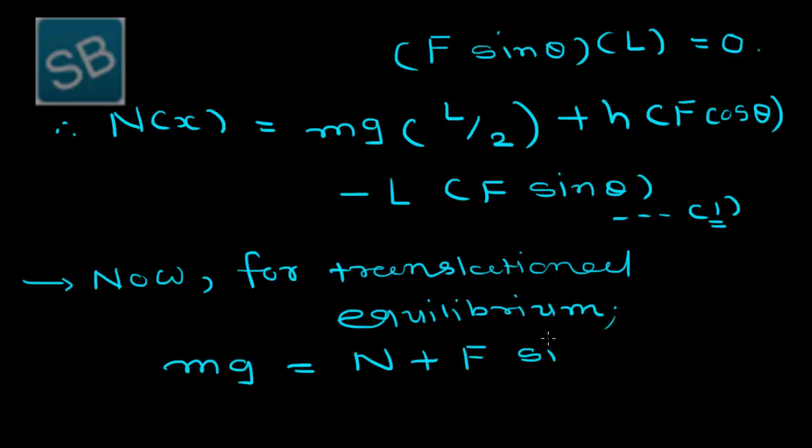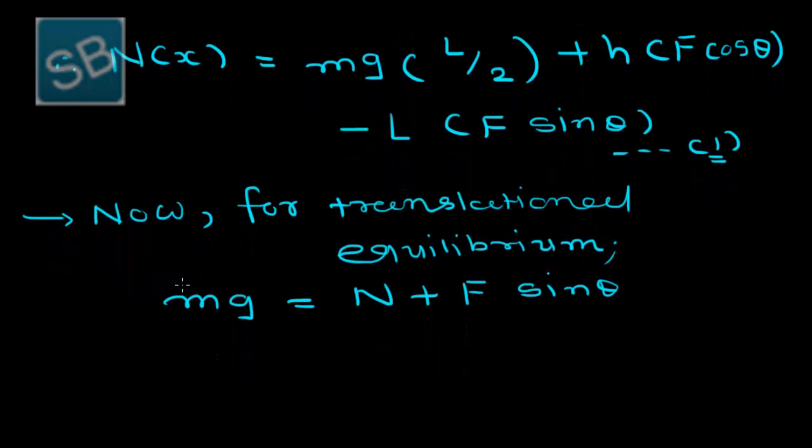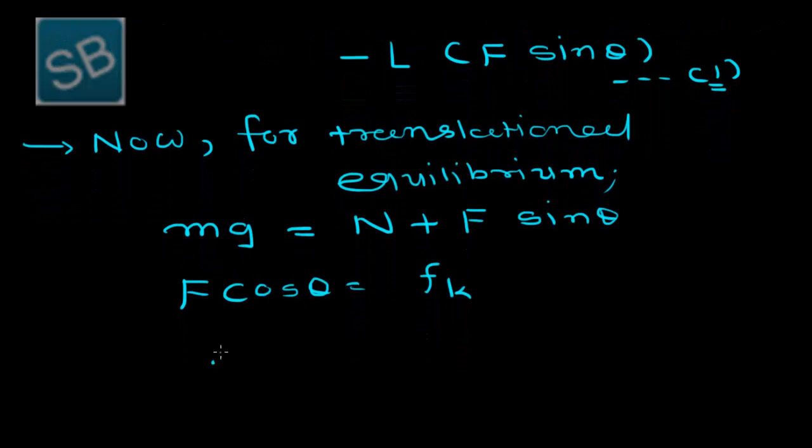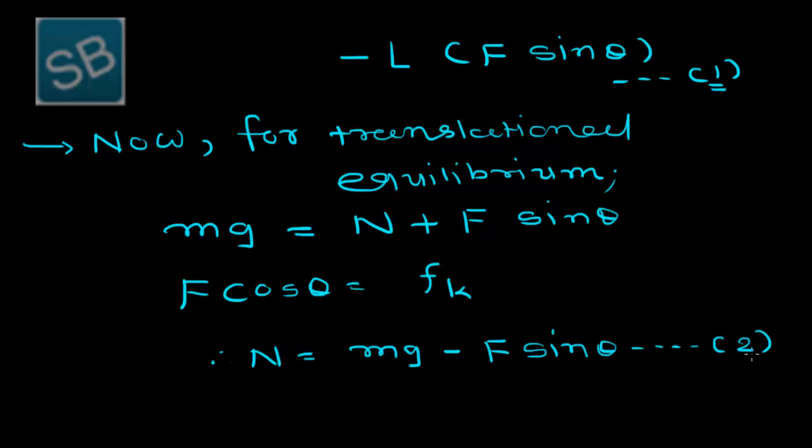If you remember, we obtained this relation in semester 1, and F cos theta, that means the parallel component, will be related to the frictional force of the surface, that means Fk. Therefore the value of N from this equation will be mg minus F sin theta. So this is equation number 2.